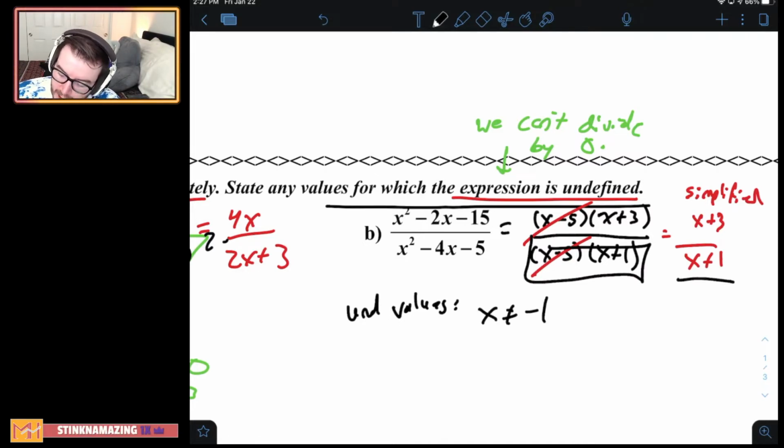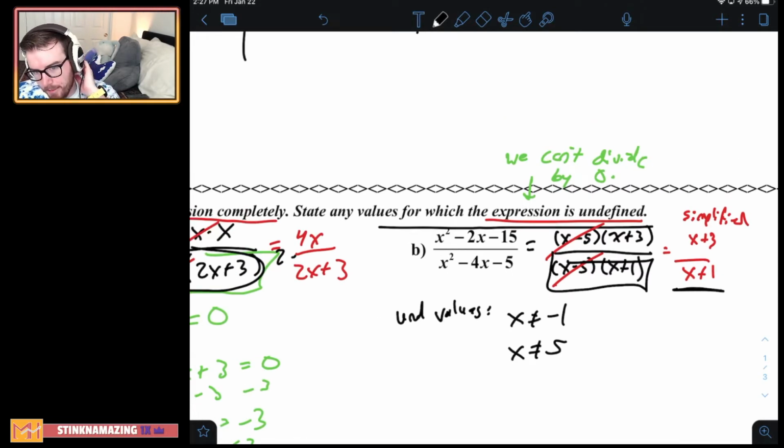First of all, -1 doesn't work, and that's even in our final answer. But you don't just look at the final answer. You look at the original expression. You can't plug in -1, and you can't plug in 5. 5 minus 5 is 0, and -1 plus 1 is 0. Both no-nos, okay? Both make the denominator 0, which means the function is undefined.